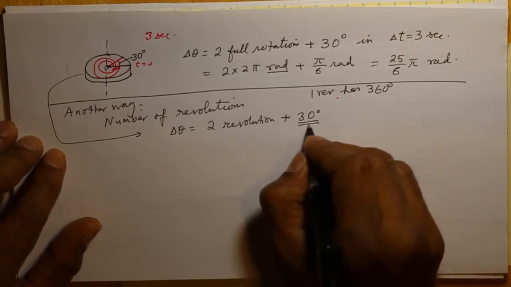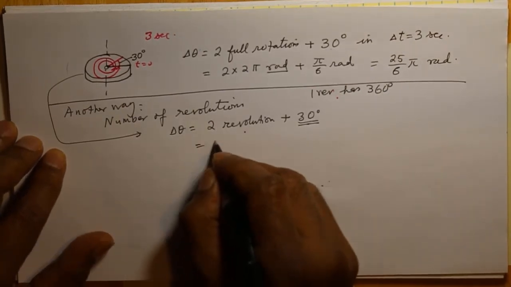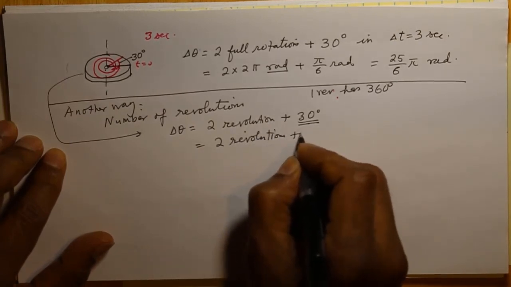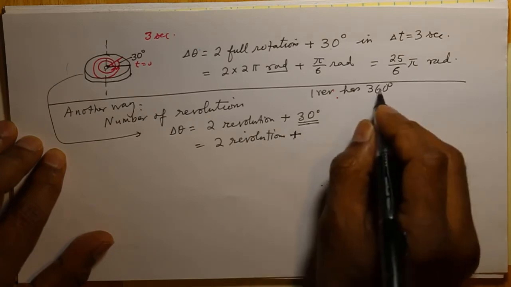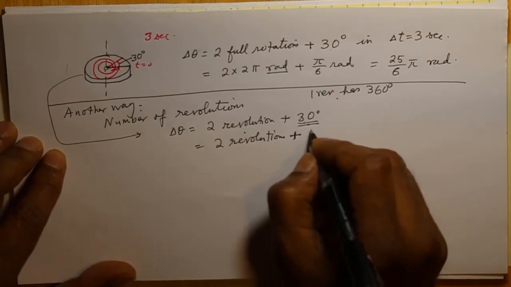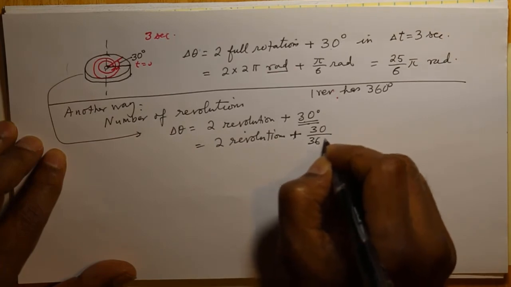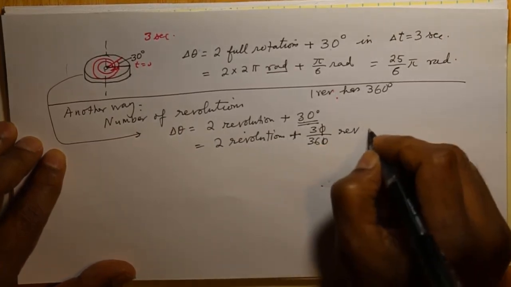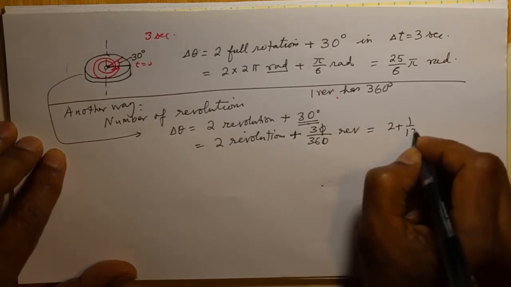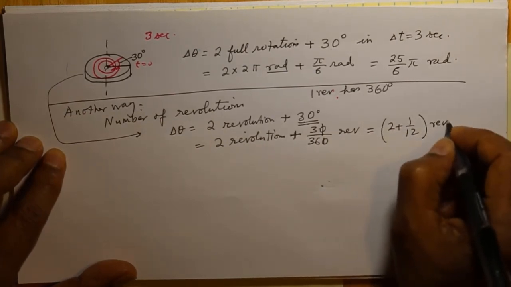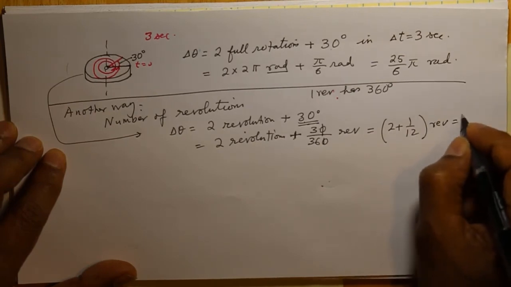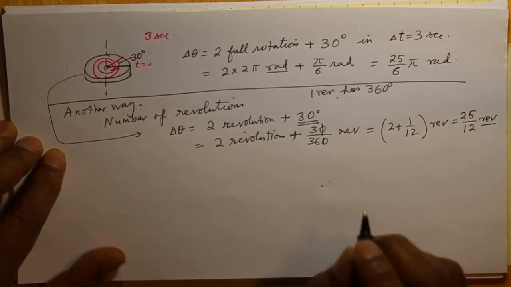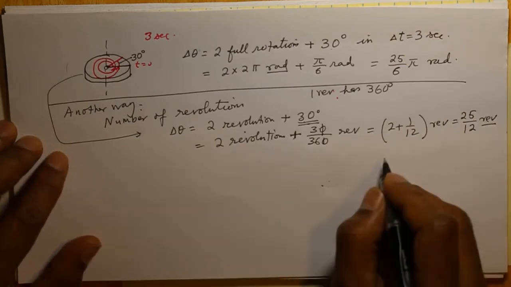So this I can convert into number of revolutions. That will be 2 revolutions plus 30 over 360 degrees. 30 over 360 is a revolution. So this is going to be 1 over 12. So 2 plus 1 over 12 revolutions. So this is 25 over 12 revolutions. So that's another way people write it.